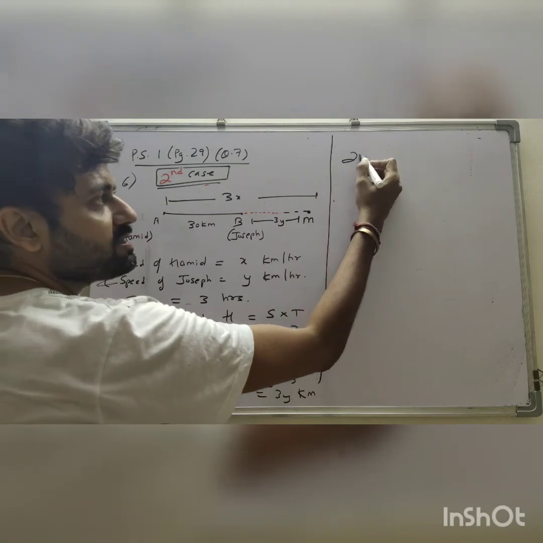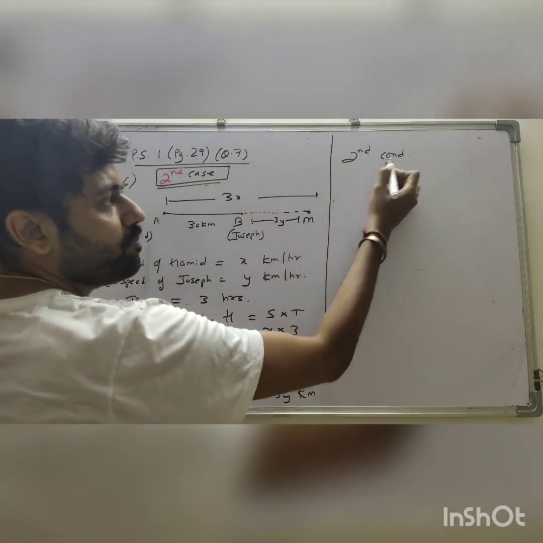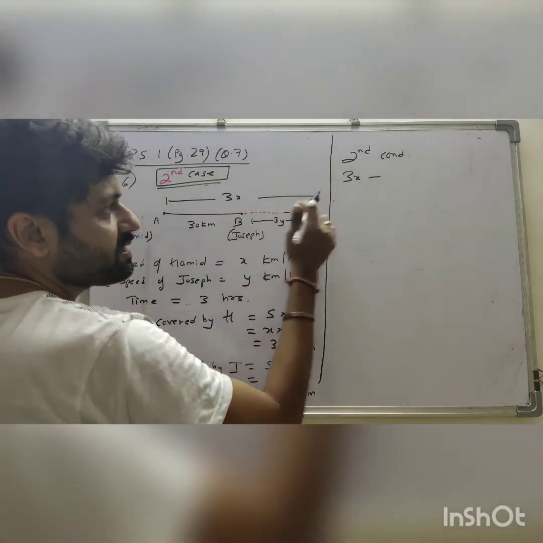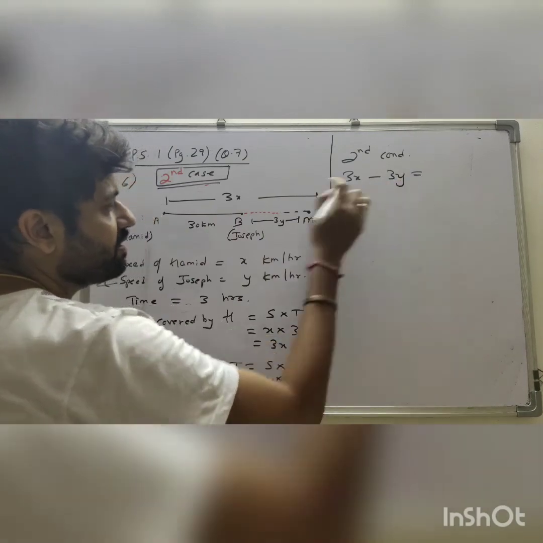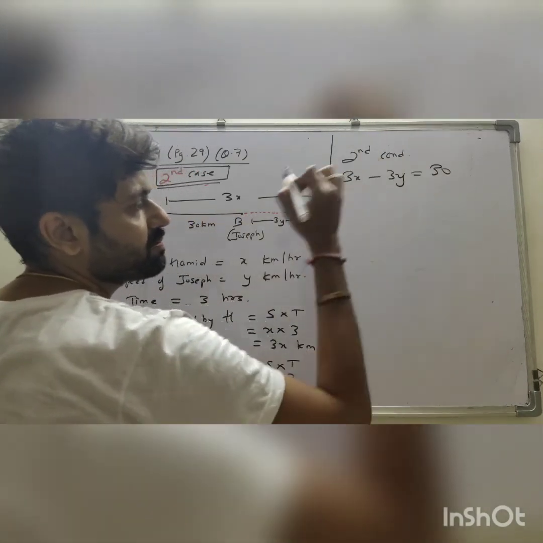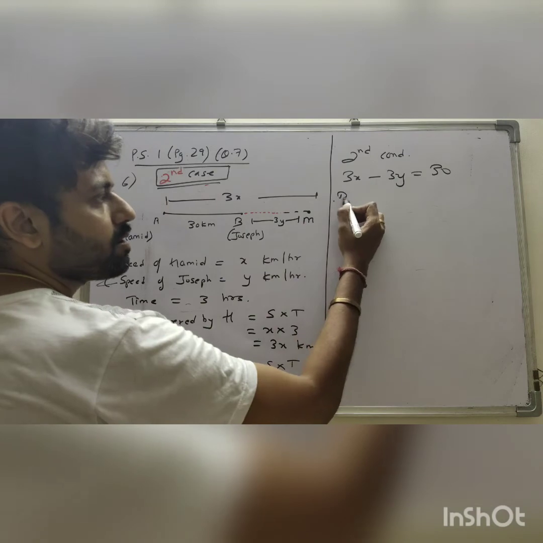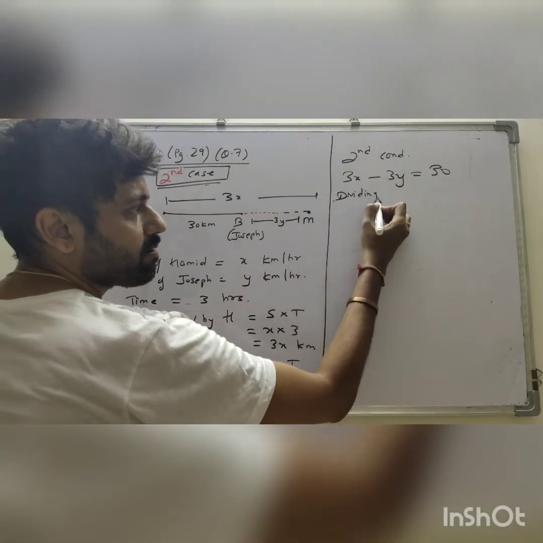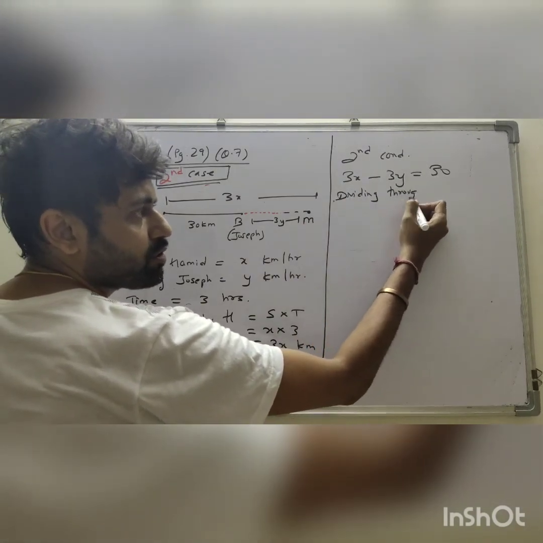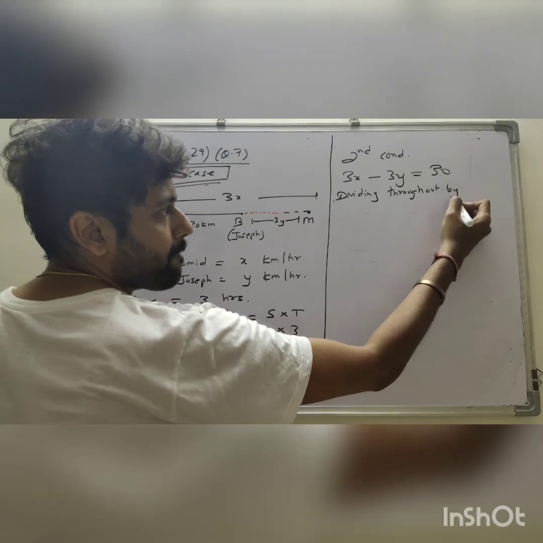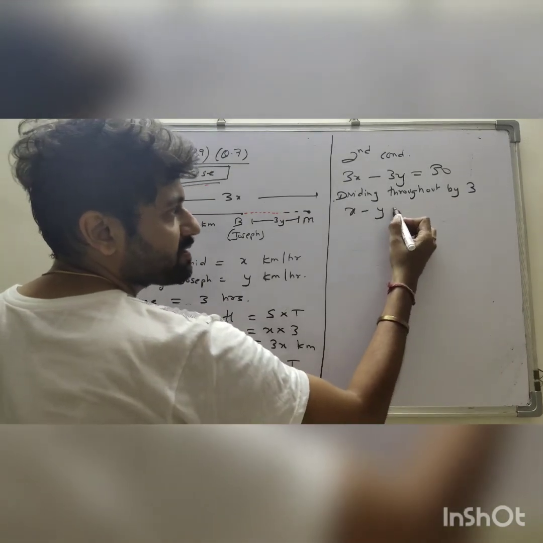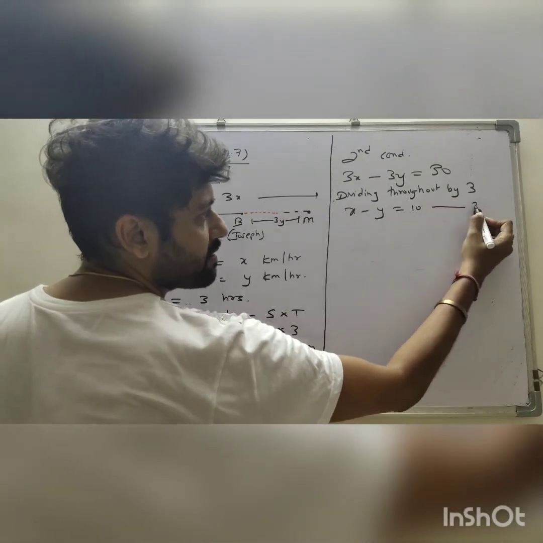So according to the second condition, if you observe carefully, 3x minus 3y will give us 30. Dividing throughout by 3, we get x minus y is equal to 10.